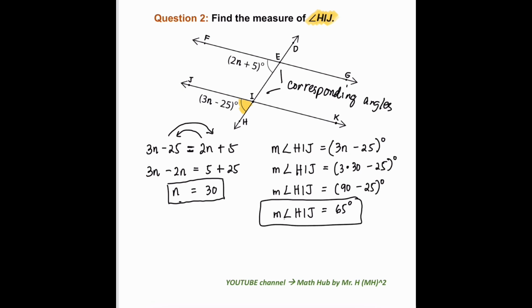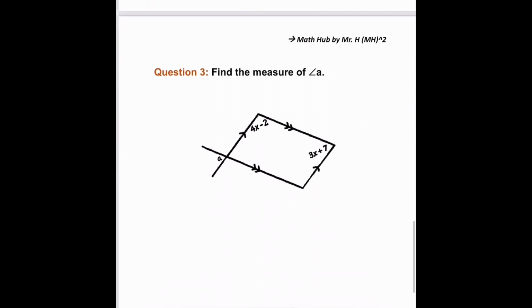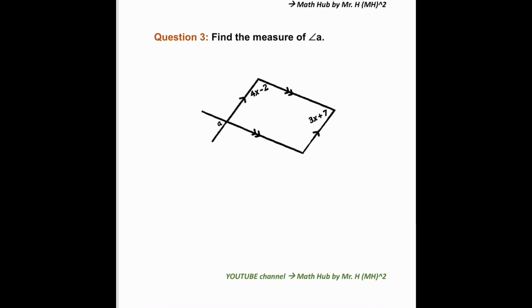So if angle HIJ is 65 degrees, obviously this other angle is also 65 degrees because they are corresponding. All right, on to our last example. Find the measure of angle A. These markings tell us that this line is parallel to this line, and another pair of parallel lines is there.